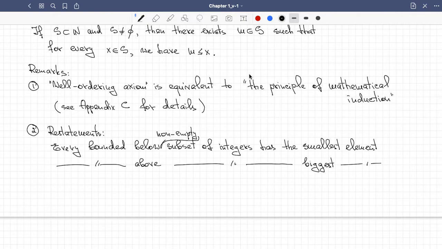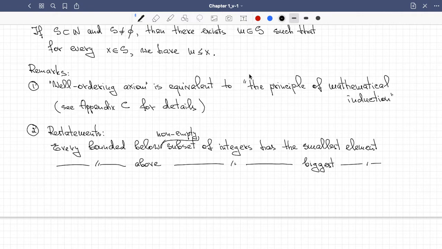As soon as it is allowed, the well-ordering principle is true for integers. And the other way around, if the well-ordering principle is true for integers, that is the reason we can make arguments using mathematical induction.